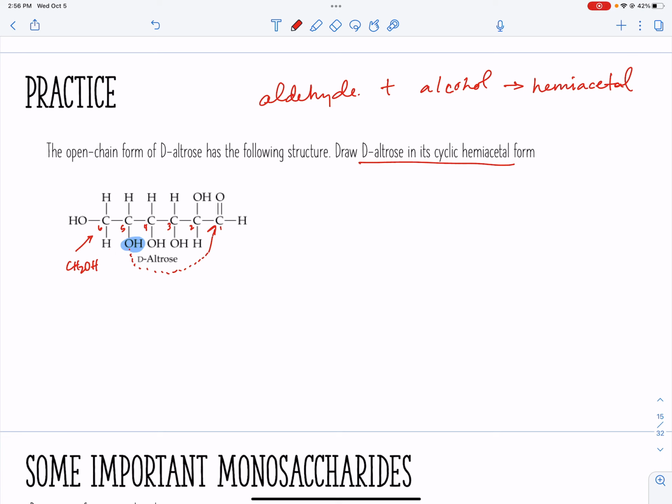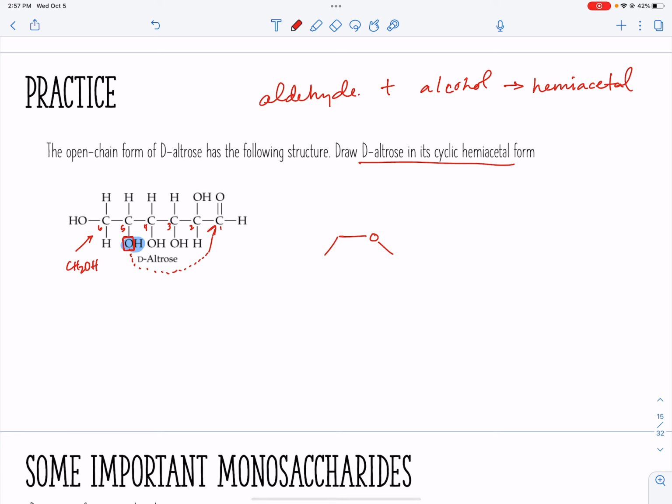This has already been turned on its side for us. The way we should orient ourselves here, I'd like to draw a hexagon. Since there are 6 carbons here, we're going to have a hexagon, and one member of that hexagon is going to be oxygen. This oxygen that I'm boxing in is the oxygen that I just drew. I like to connect that, because this will ultimately connect carbon 5 to carbon 1, as our dotted arrow shows.